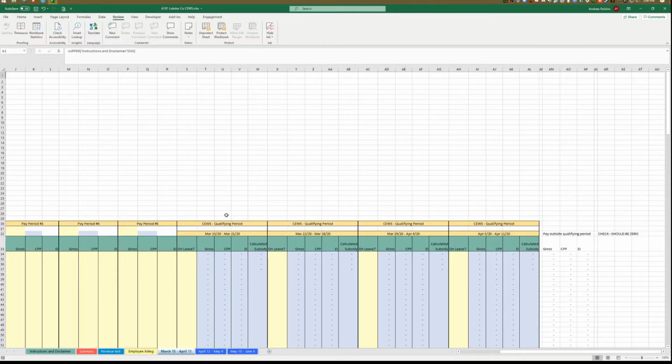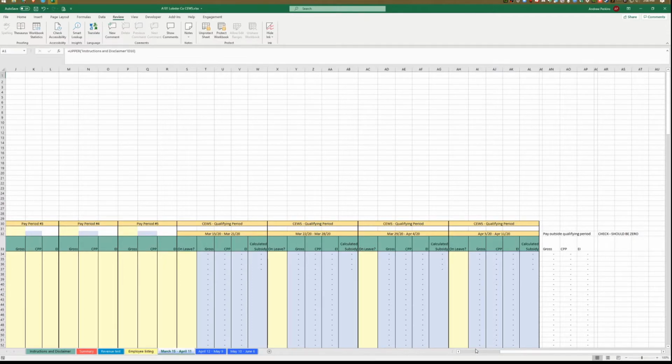So if you have a pay period that runs Sunday to Saturday and is weekly, then it's quite a simple process to actually complete this CEWS application or determine eligibility, because you have no proration to do unless you have somebody that you hired midway through a week.